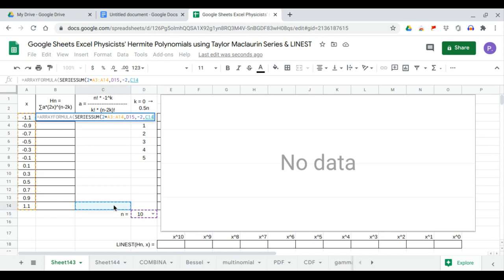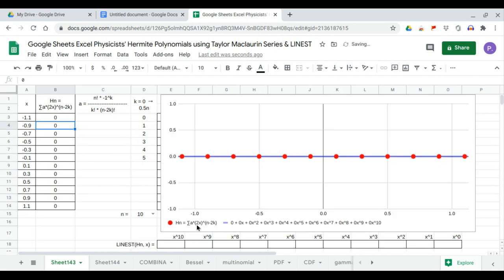And the coefficient a will be this range. Here we have the polynomial to the 10th degree and the trend line of the polynomial.